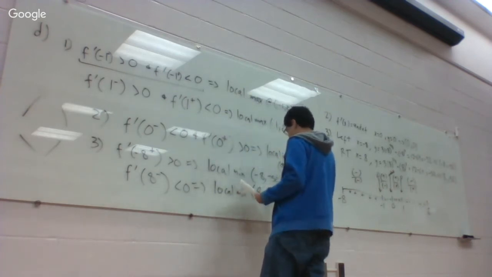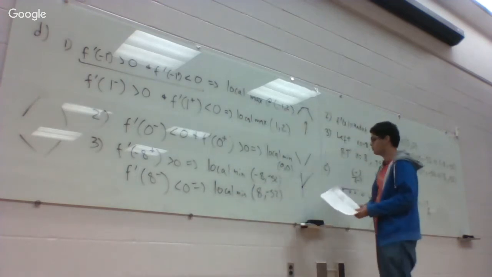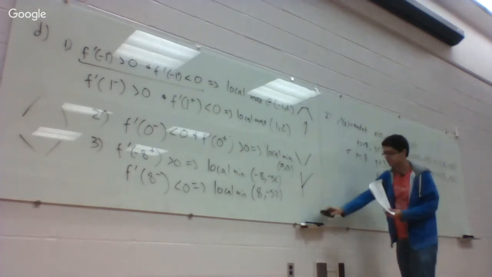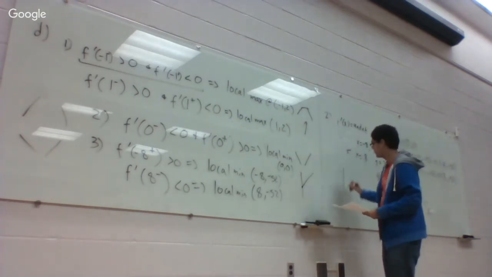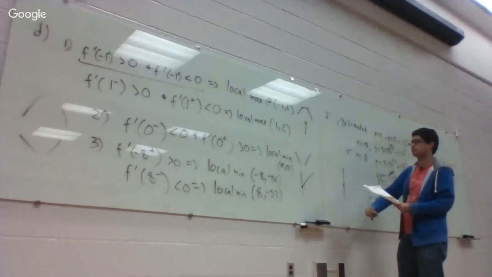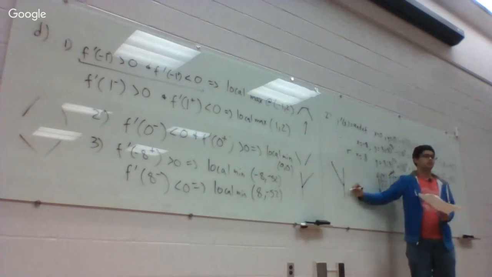So that's 8, -52. Because if you were to look at that, the slope is less than 0, so it's coming down. The next point is higher than it, so it's a min.